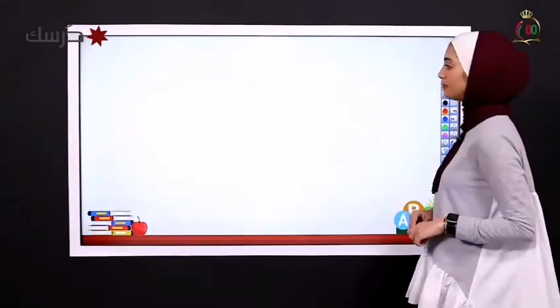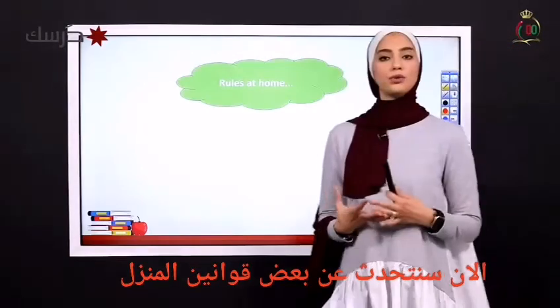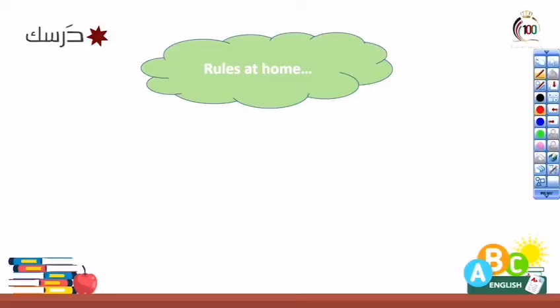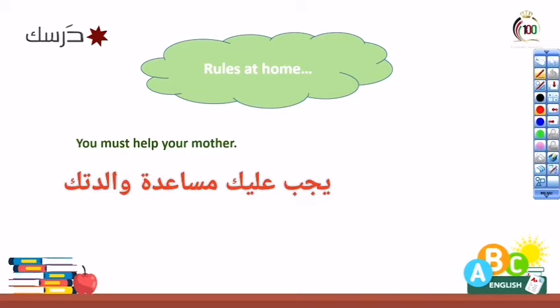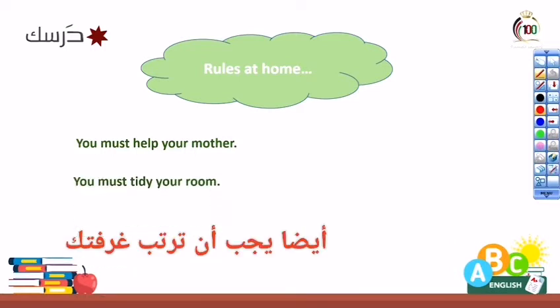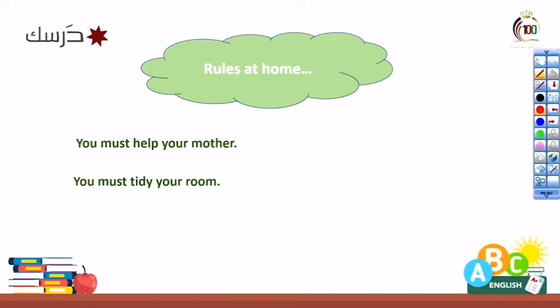Let's move on. Now let's talk about some rules at home, okay? You must help your mother at home. You must help your mother, right? And your father also. You must help. Also, you must tidy your room.